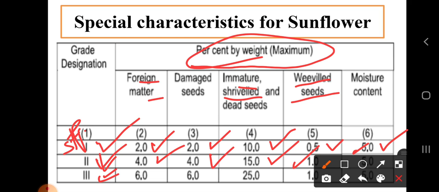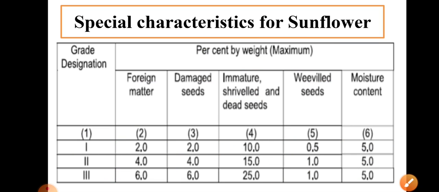Then under grade 3, or general grade, foreign matter should not be more than 6%, damaged seeds not more than 6%, immature or shriveled sunflower seeds not more than 25%, weevil seeds not more than 1%, and moisture level up to 5%. So these are the special characteristics required in case of sunflower.